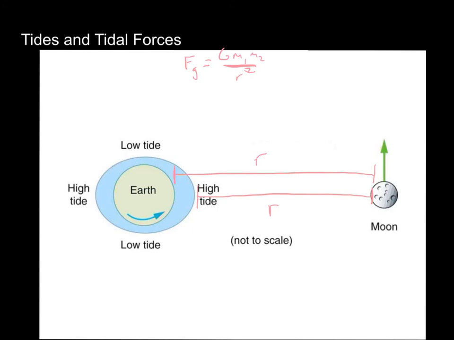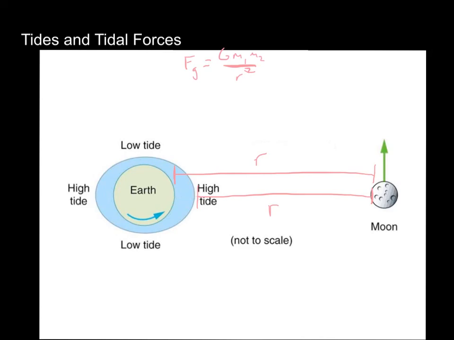And according to this equation, if I have a smaller r, that means a greater force of gravity. So I have a greater force of gravity on the surface of the water than I do on the Earth underneath it, so that water actually gets pulled towards the moon a little bit harder than the surface of the Earth does, and so that causes the water to bulge out like this.